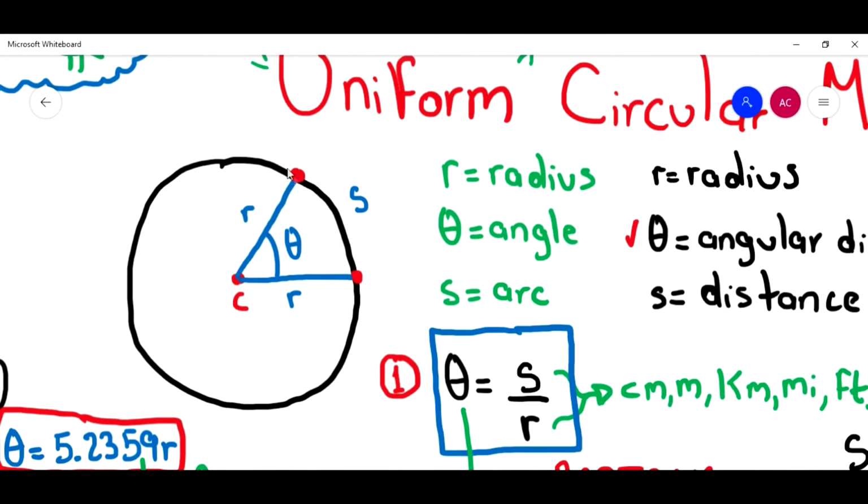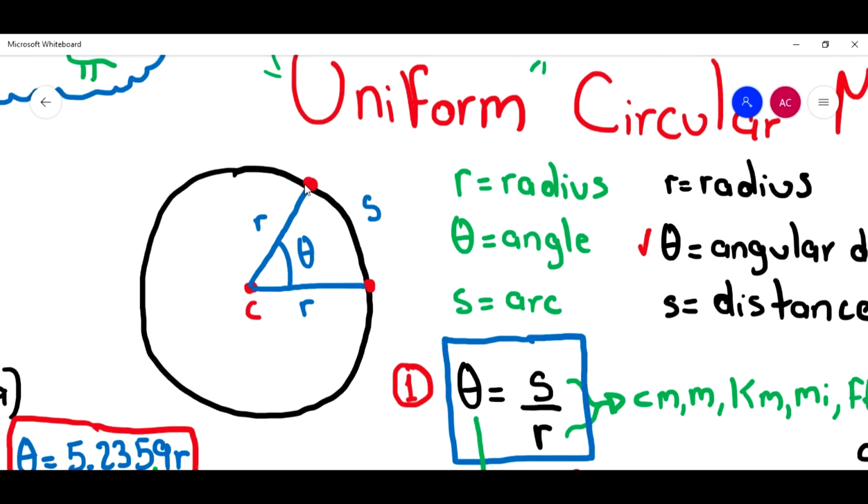Imagine that you have a stone tied to a rope, and you are spinning the rope and the stone. At some moment, the stone is let go and gets free. Once that happens, the stone is going to have a tangential velocity, something like this. The velocity of the stone is going to be the tangential velocity.